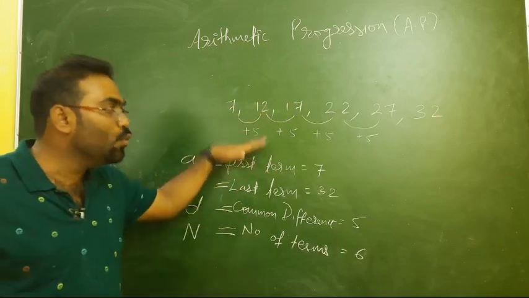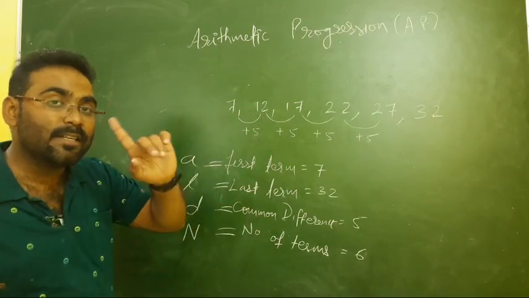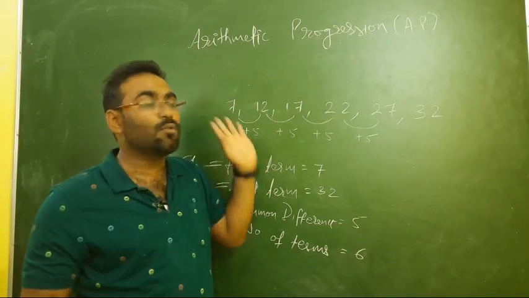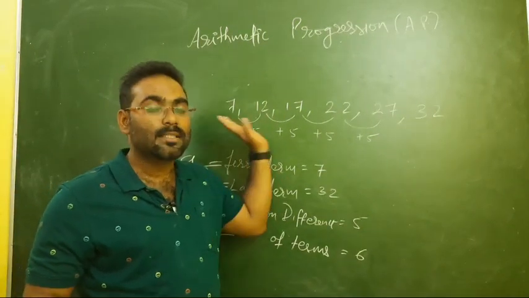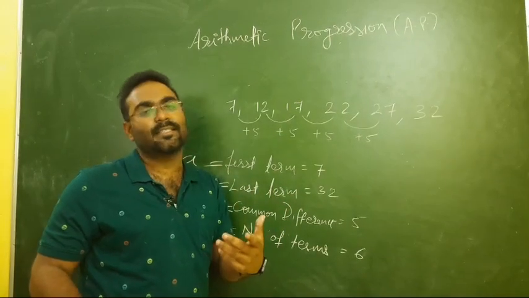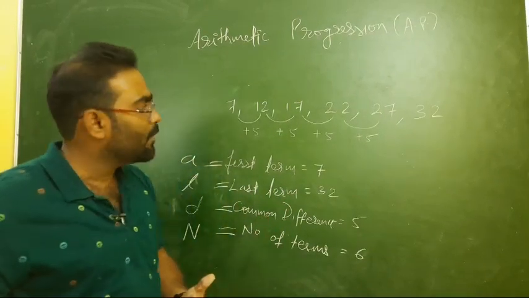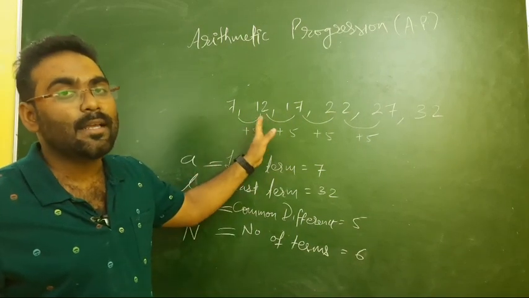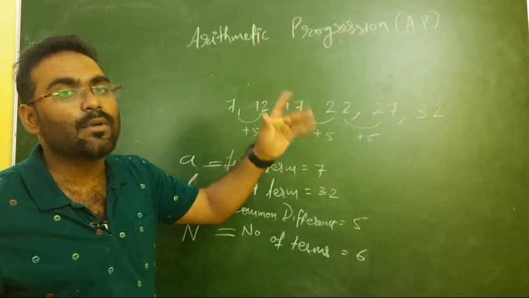So you already know these terms, and never forget our agenda. Our agenda was to find the sum of these terms. You might be thinking that it is getting longer than the usual time, but as there are only 6 terms, you are easily able to calculate it by counting.